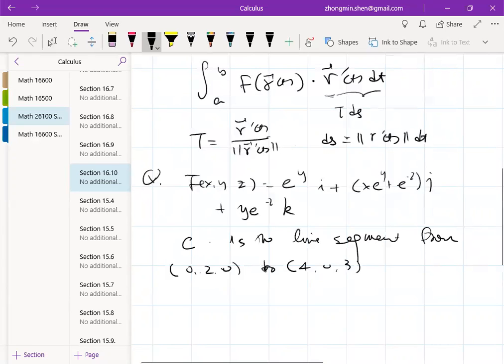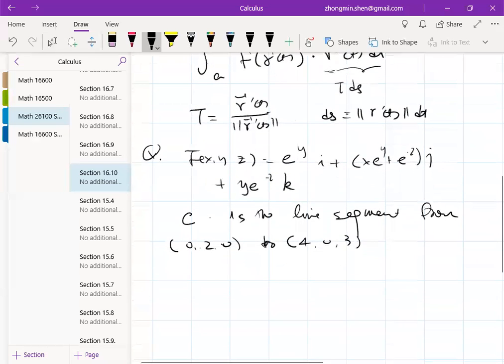Now, this one already tells you that F is conservative. If you are not told F is conservative, you have to take a few seconds to think about how to check that F is conservative. That's another question.